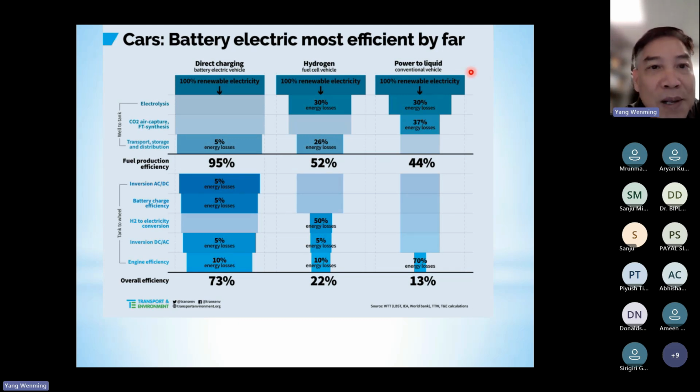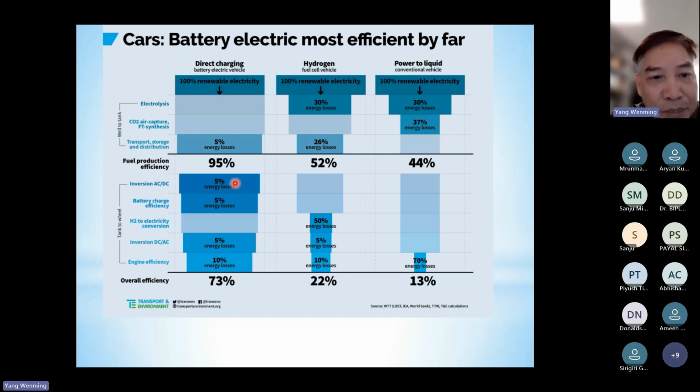In this case, we assume the electric power is produced from solar energy, from renewable electricity, so the efficiency is 100%. In transportation, storage and distribution, we lose 5% of the electric energy, so the efficiency drops to 95%.